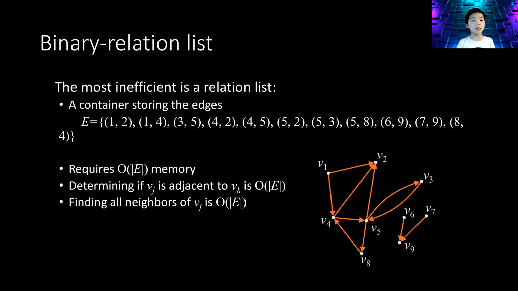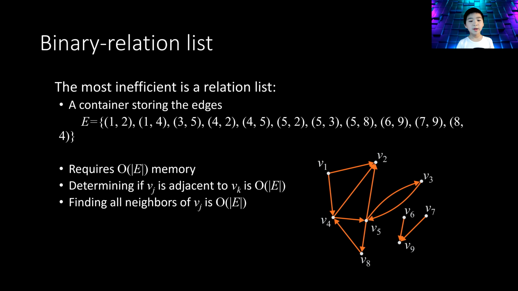So a binary relation list is just a container storing all the edges in the graph. For example, we can use E to store all the edges. The memory usage will be in the order of the size of E. If we want to determine if the vertex J is adjacent to the vertex K, it'll take the order of the size of E runtime, because we'll have to check each edge.